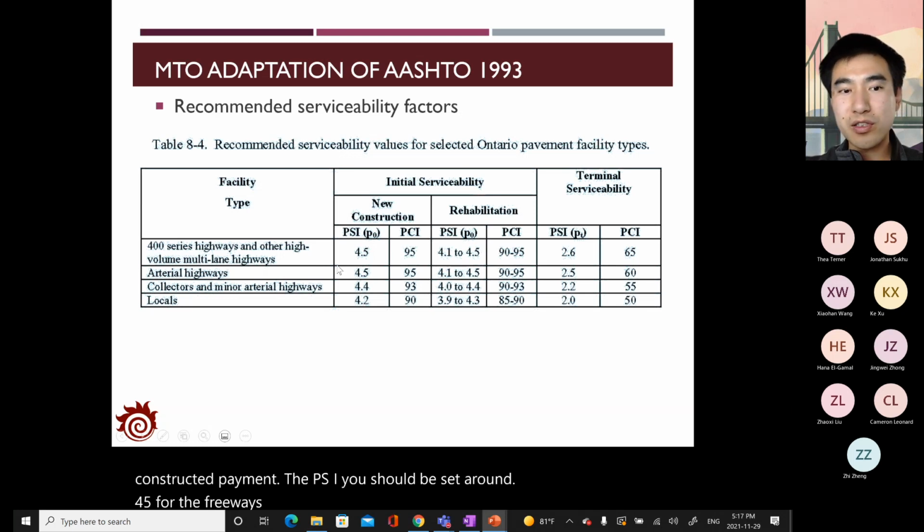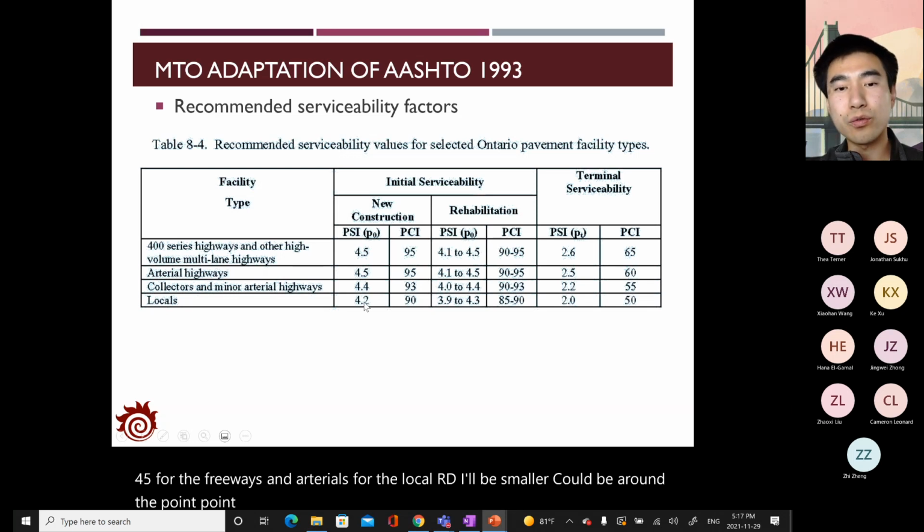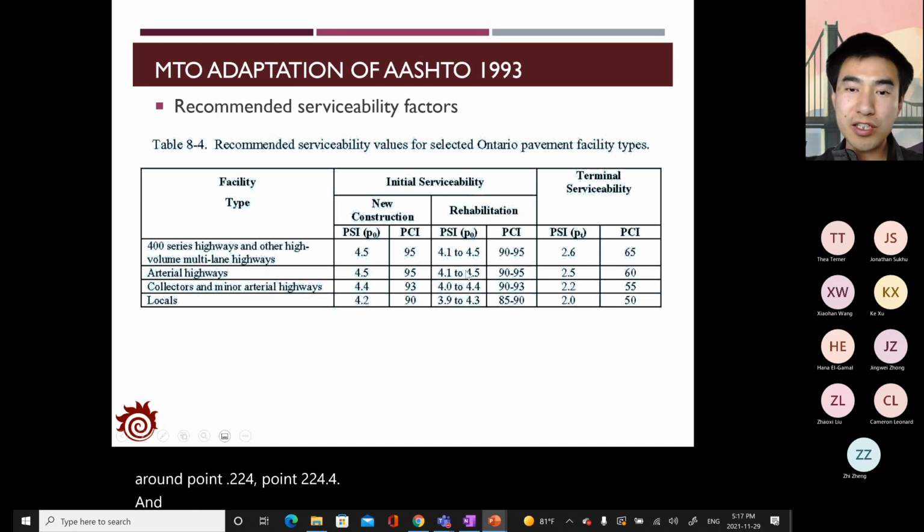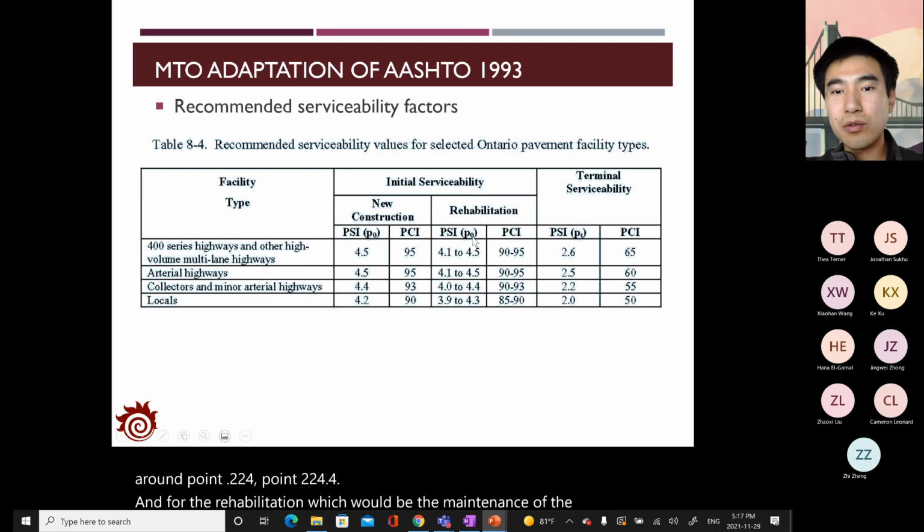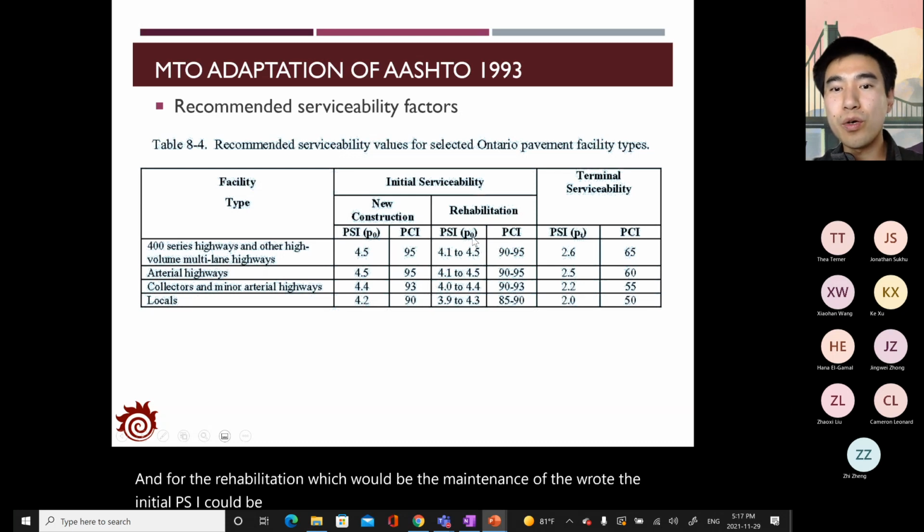For local roads that will be smaller, could be around 4.2 to 4.4. And for rehabilitation, which will be the maintenance of the road, the initial PSI could be smaller, between 4.1 to 4.5 for the highways and arterial corridors, but for the local roads could be 3.9 to 4.4.